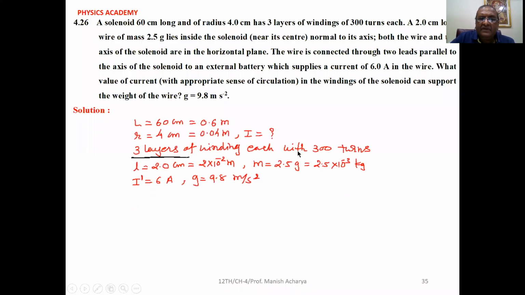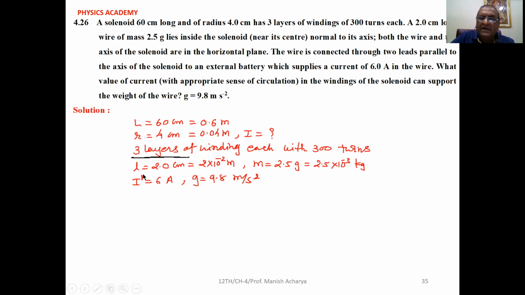Now see, length of the solenoid, that is 60 centimeters, so 0.6 meter. Radius of the solenoid is given to you, but it is not important. Now, what should be the current through the solenoid that we want to calculate? 3 layers of winding, each with 300 turns in the solenoid are there.